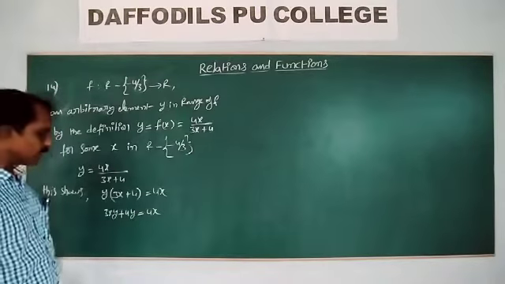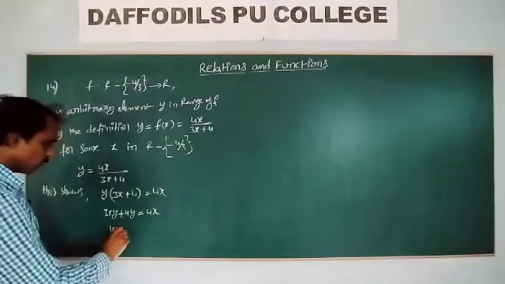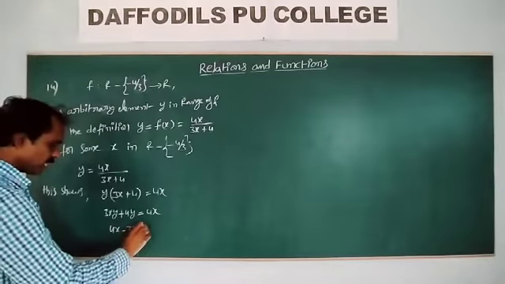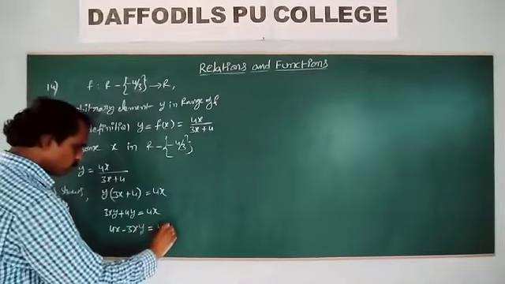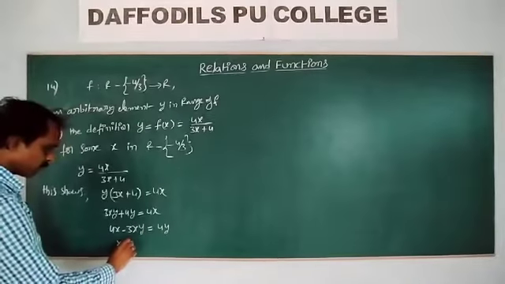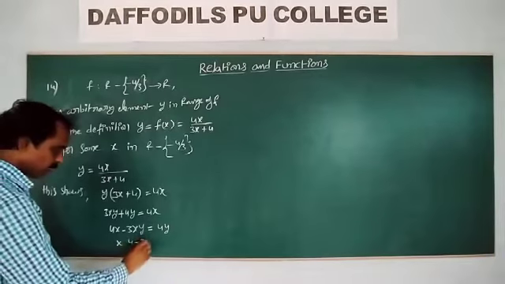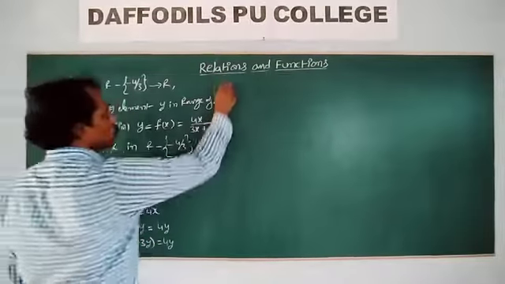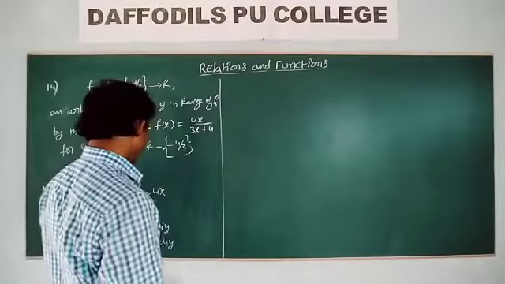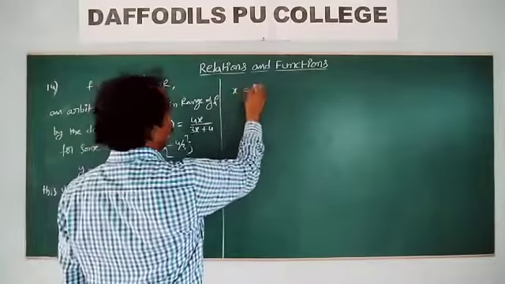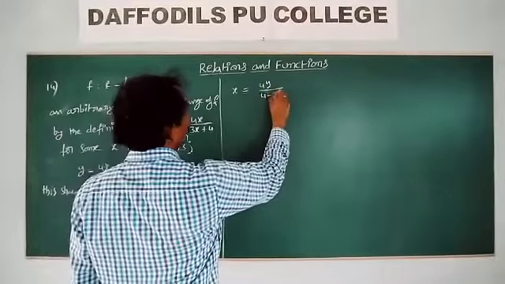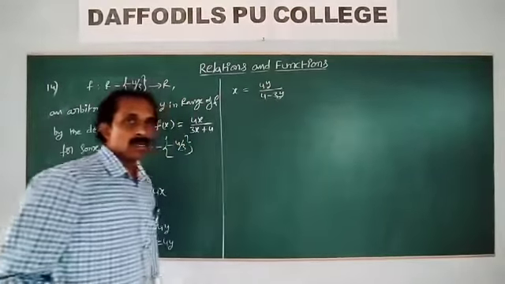Shift the x terms to one side: 4x minus 3xy is equal to 4y. Taking x common, x times 4 minus 3y is equal to 4y. So what is the x value? x is equal to 4y by 4 minus 3y.